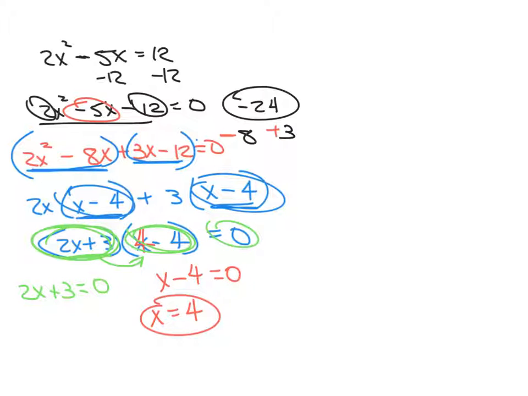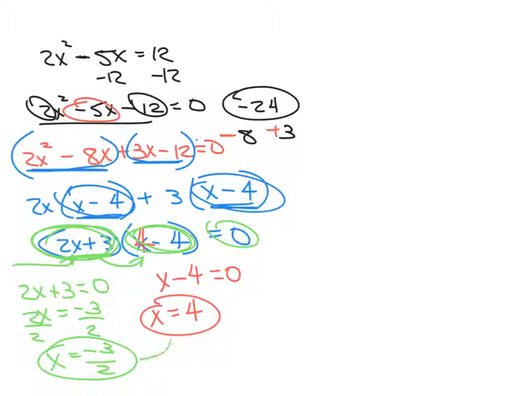So what number does x have to be in order to make that happen? Well, I've got 2x plus 3 equals 0, so I subtract 3 from both sides, and then I divide by 2, and x equals negative 3 halves.